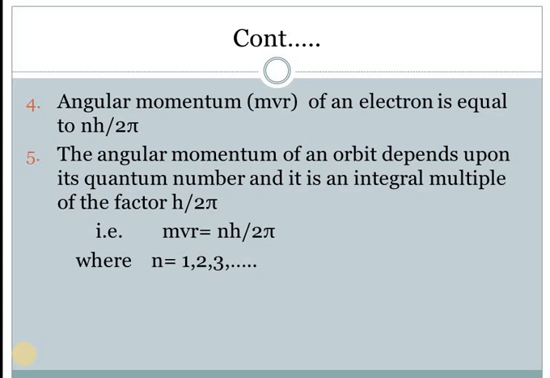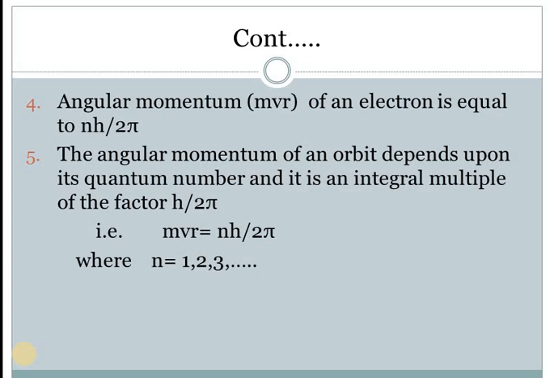There are 4 quantum numbers: principal quantum number, azimuthal quantum number, magnetic quantum number, and spin quantum number. With the help of these 4 quantum numbers, we can exactly find out the position of an electron within an atom. We will study all the quantum numbers in detail in the next few lectures.